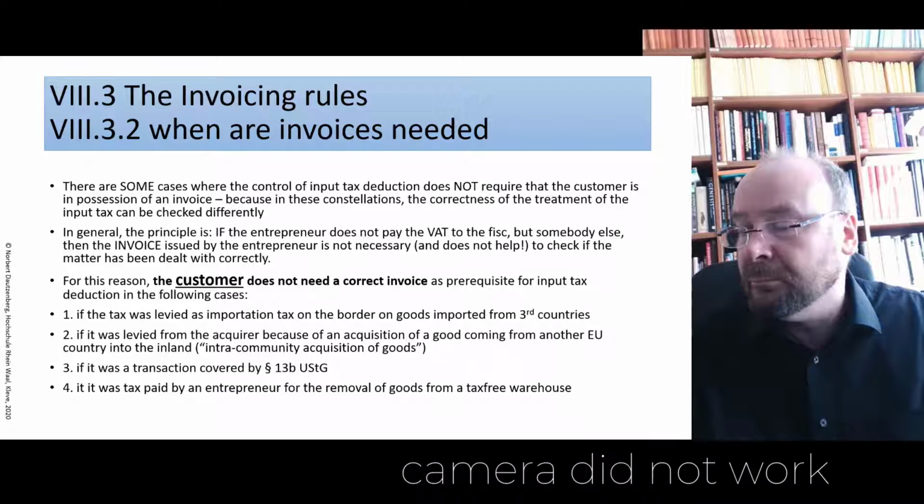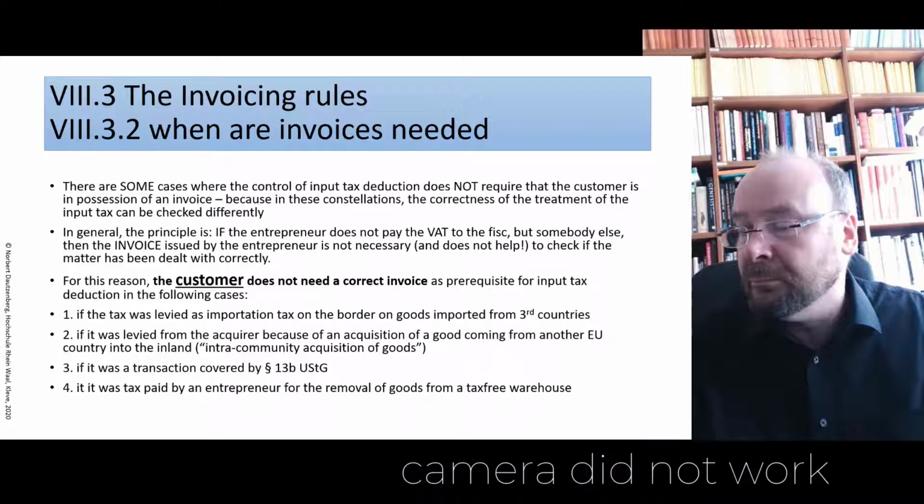Why? Well, remember the cases of paragraph 13b. There, the customer, who is also a business owner, pays the VAT on a service or on a good acquired himself in his own tax declaration. And so, let's say on the next page of the same tax declaration, he or she then claims input tax deduction for that.